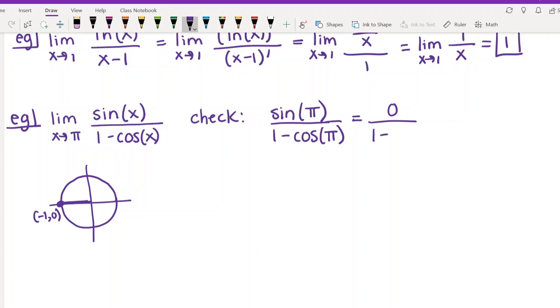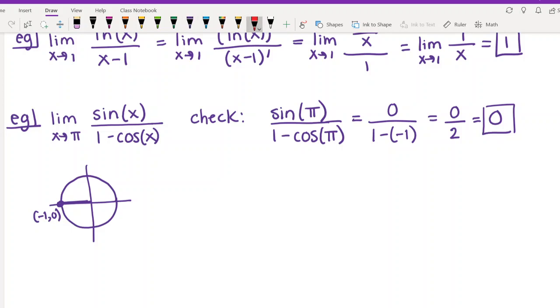So we would have 1 minus -1. And so that actually gives us 0 over 2, which is just equal to 0. And so the answer to this limit is actually 0, because we can just plug the number in. If you plug the number in and you don't get something undefined, then great, that gives you your answer. So the answer to this one is 0.